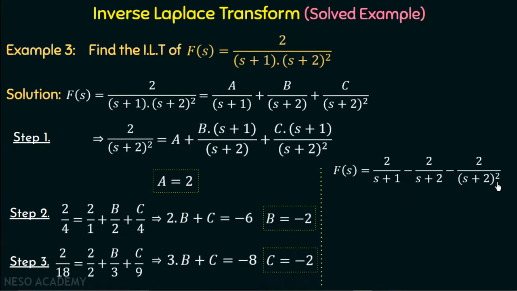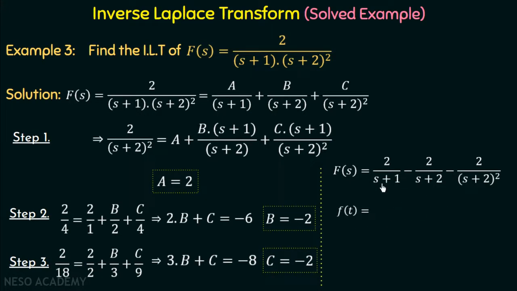Now we can apply the inverse Laplace transform on F(s) because we know the inverse Laplace transforms of these three factors. So we will have f(t) equal to the inverse Laplace transform of this function minus the inverse Laplace transform of this function minus the inverse Laplace transform of this function.